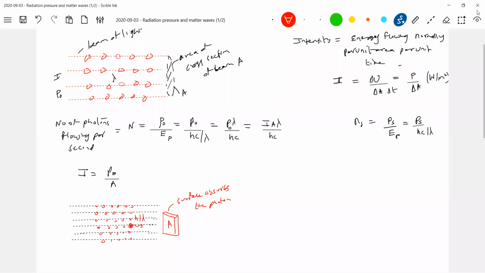So the force exerted by the incident beam on the surface: the formula will be F is equal to change in momentum of a photon into the number of photons incident per second on the surface.